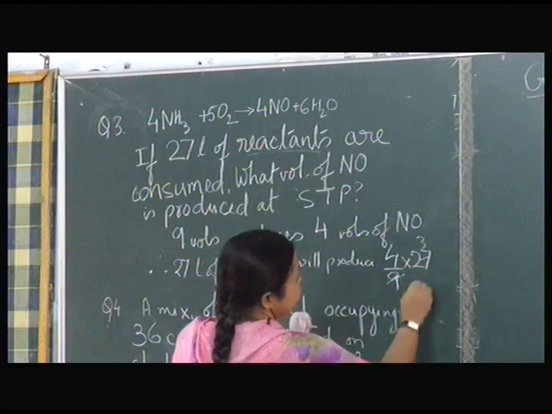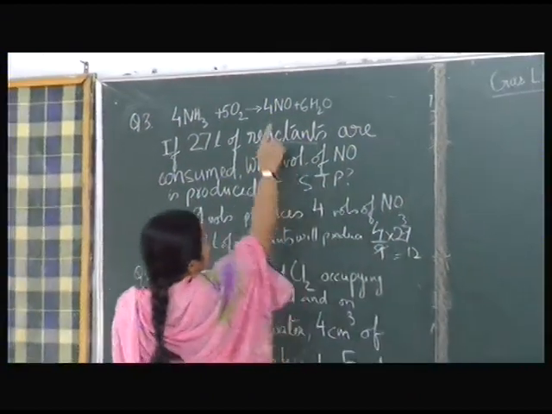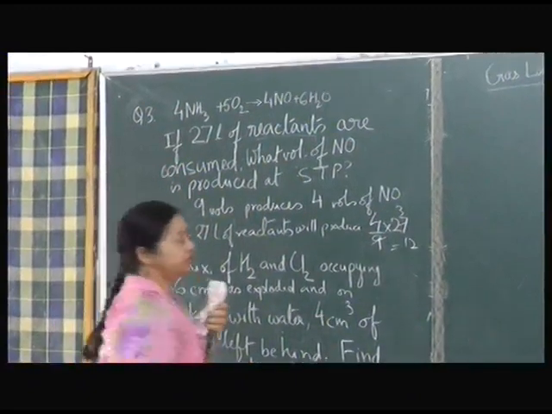So 3, 12. 12 liters of NO will be produced.